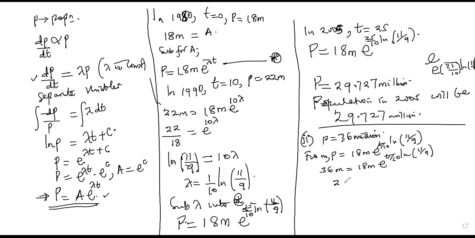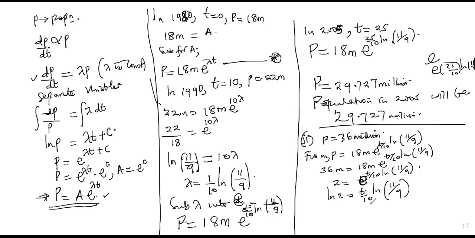So 2 = e^(T/10 ln 11/9). To remove e, we introduce ln on both sides. So ln 2 = T/10 ln 11/9. You remove the e, but not this ln.